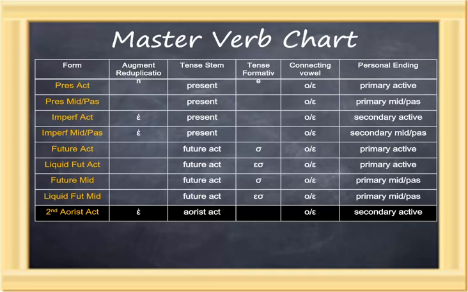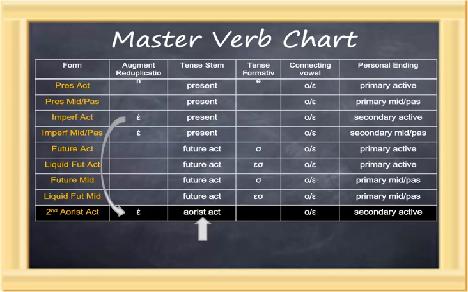to identify how the second aorist active is formed. It involves an augment using the aorist active stem, connecting vowels omicron, epsilon, and the secondary active endings. The formation, as you see, is quite similar to the imperfect active.